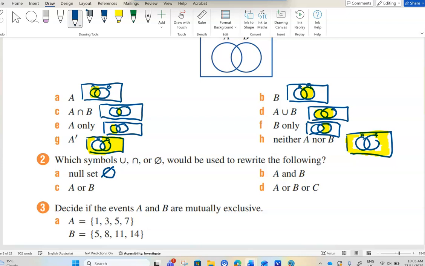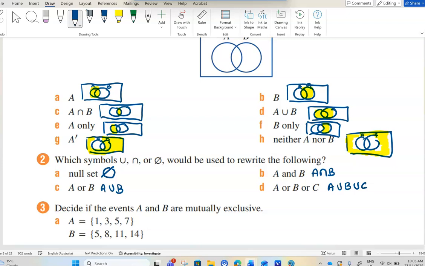If we want to write A and B, that's A intersection B. Actually, I'll tell a lie. If you want A or B, that's when it's union, A union B. You want all of A and all of B. And the same with here, you could say A union B. This would be if I had a third circle, a third event. So we just write like that.